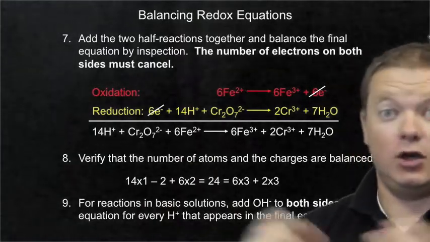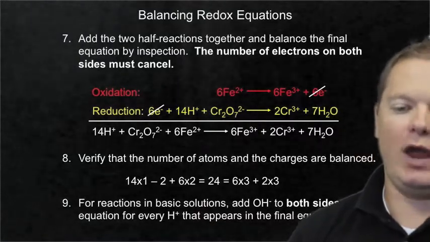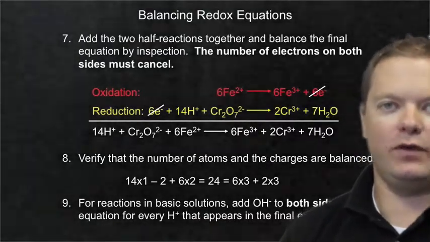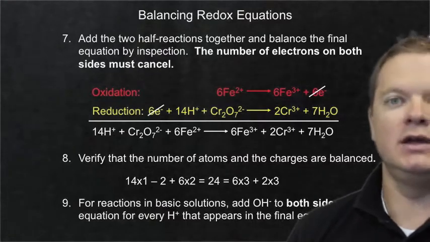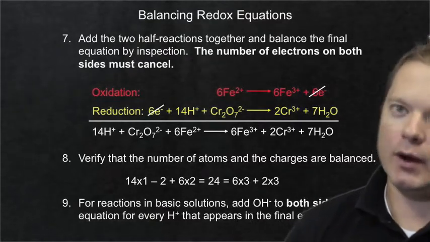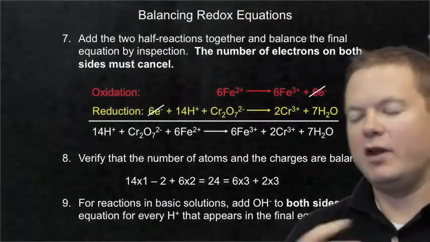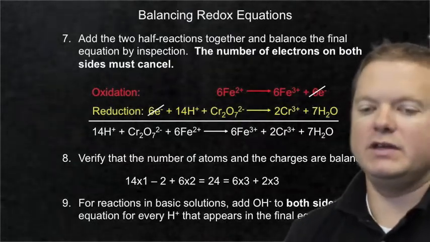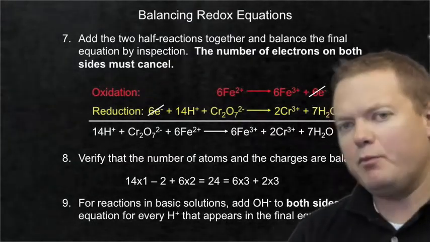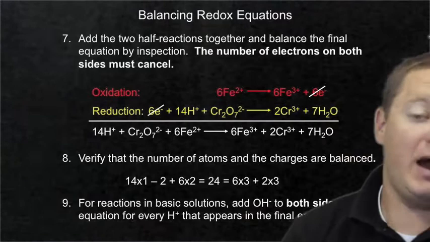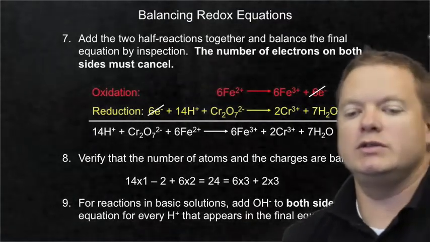If it's acidic, then you're done. If it's basic, then you have to add the number of OHs for the number of H pluses, and then go back and correct for water. Okay? It's a fairly involved process. Again, we'll do several of these in class. So now we should be able to recognize and balance these redox reactions.